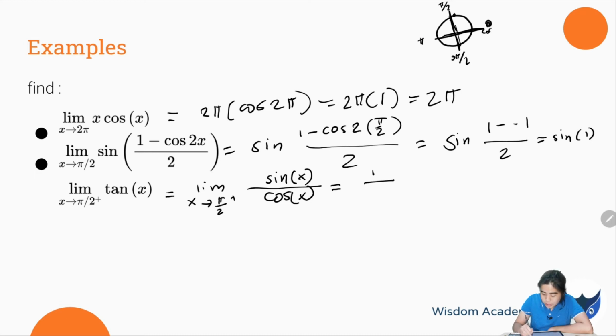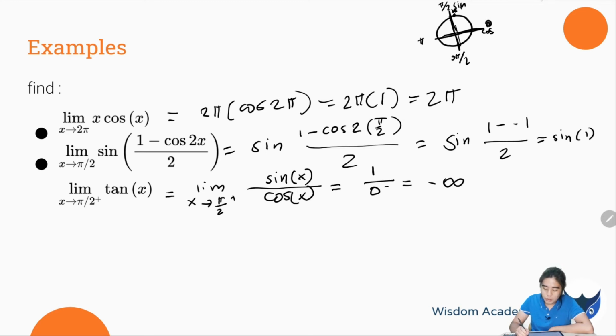Ito si cosine, yung y-axis si sine. Ayan. So, if less than pi over 2, positive si cosine. Greater than pi over 2, magiging negative na si cosine. So, ito ay 0 minus. So, magiging equivalent siya sa negative infinity.